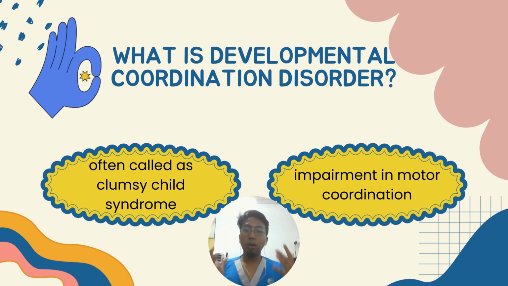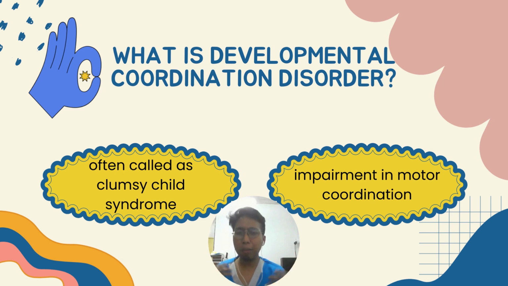Okay, now let's talk about developmental coordination disorder, often called clumsy child syndrome. But just because they are clumsy doesn't mean that they have developmental coordination disorder, because this disorder focuses on impairment in motor coordination, for example fine motor skill and gross motor skill.